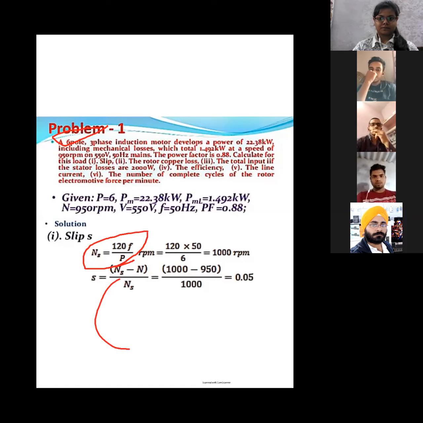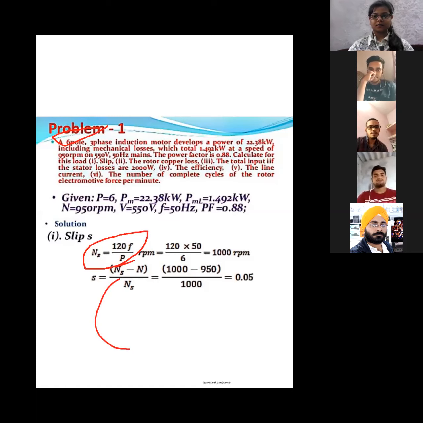What is the function of slip in the induction motor? Slip defines the decrement of the speed of the rotor as compared to the synchronous speed. Suppose the speed of the rotating magnetic field is 1000 rpm. The rotor will rotate with some less speed as compared to the synchronous speed.